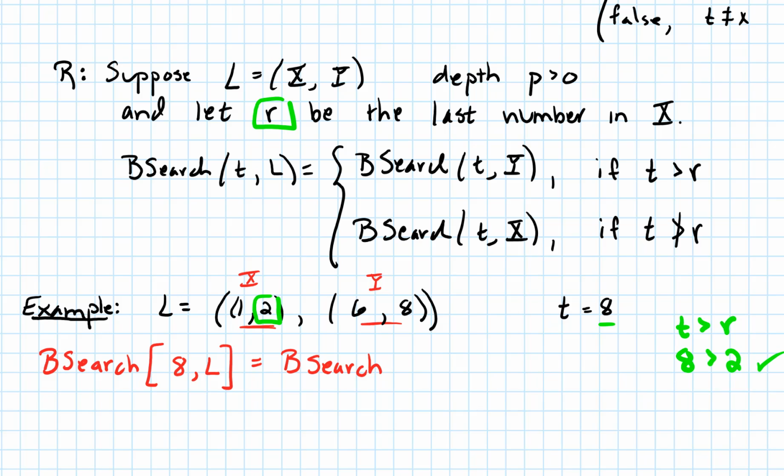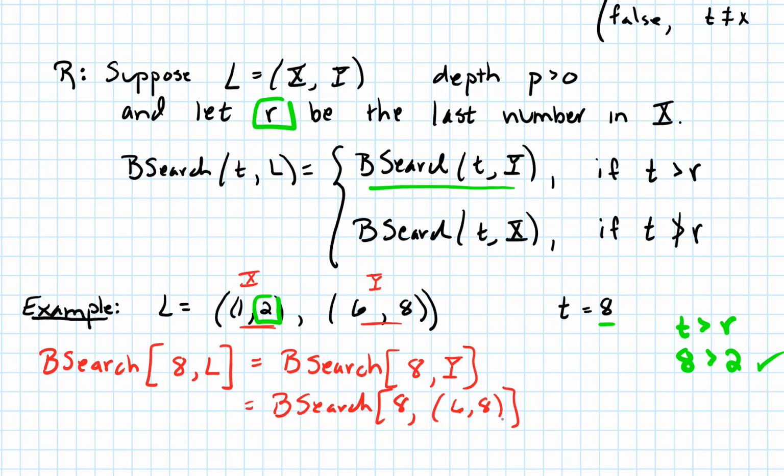Check. If T is greater than R, then we're going to be sent to searching in that second list. So let's put that in here. We're going to do B search, still our target is 8, but now we're searching in list Y. And let me write down what that list looks like. So this is B search of 8, comma, here's our Y list. It consists of 6, comma 8.